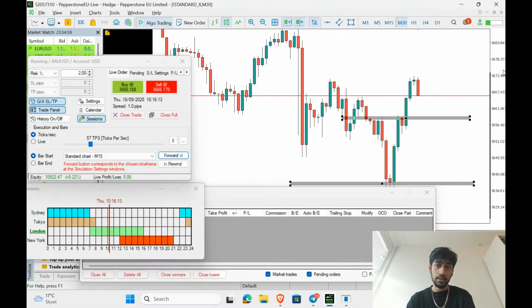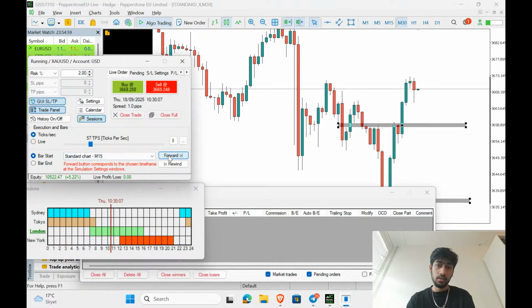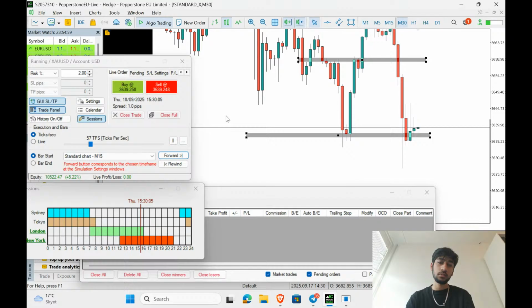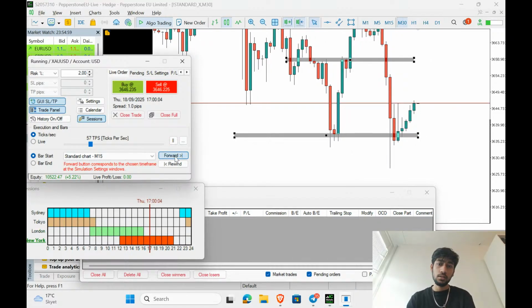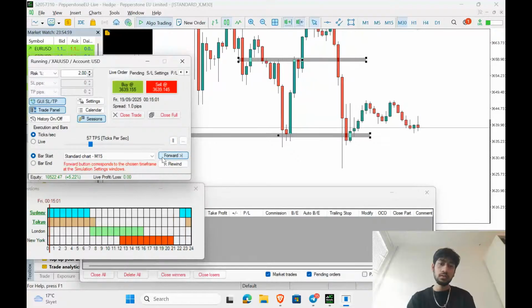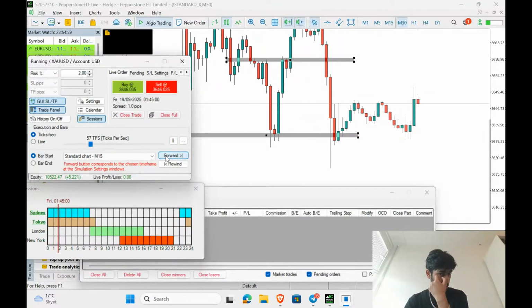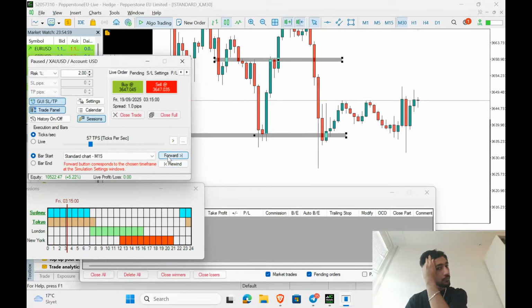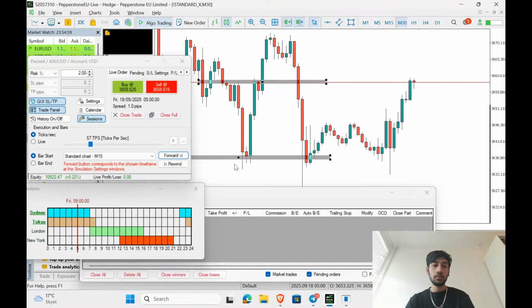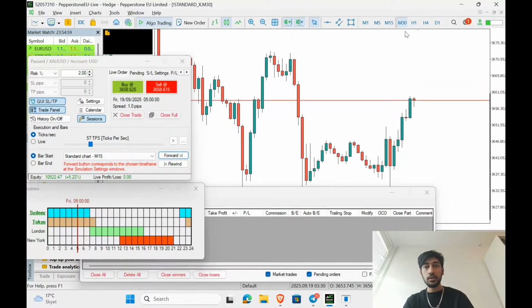H4 broke high, M30 just went up, went down. Delete all selected.